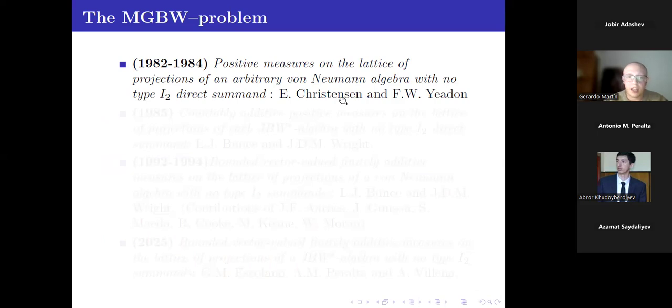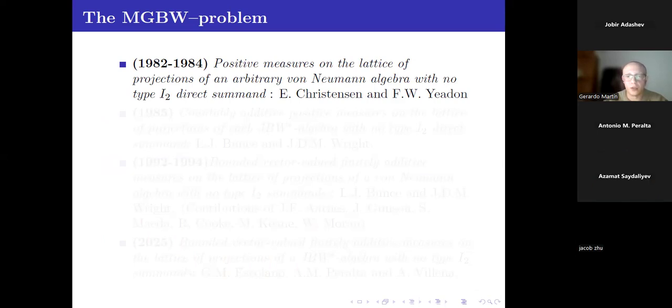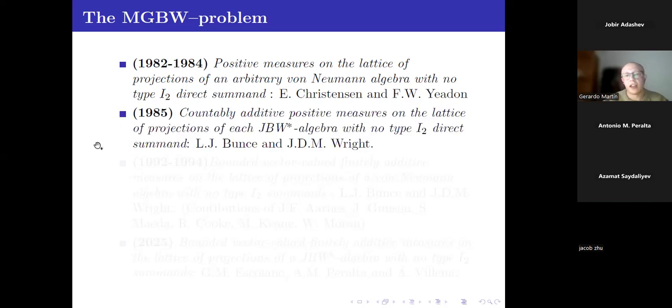Christensen and Yeadon obtained a positive answer in the case of positive measures on the lattice of projections of an arbitrary von Neumann algebra with no type I_2 direct summands. In 1985, a positive answer was found when considering countably additive positive measures on the lattice of projections of GBW-star algebras, and this was made by Bunce and Wright.